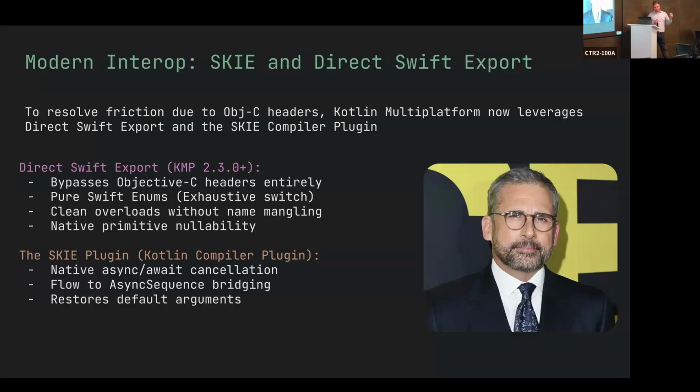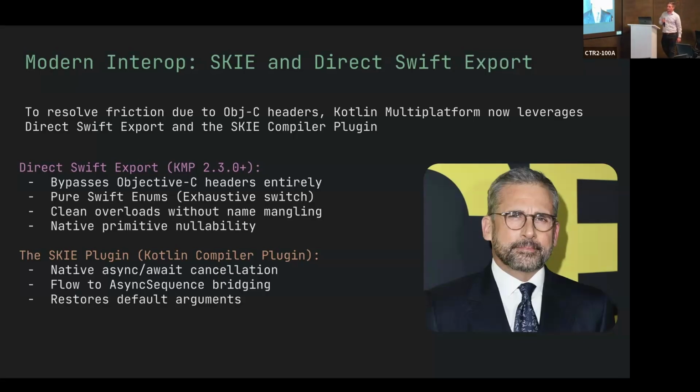But it doesn't really solve the async. We don't get the default arguments in the same way that we would expect. And so this is where we can leverage the plugin. The Skie plugin is not owned by Google. I think it's Touchlab that manages that plugin, but it's pretty much industry standard at this point. Again, this is working off the compiler plugin. So when we were talking about the front end and back end before, this is a compiler plugin that is actually just generating the code for us.